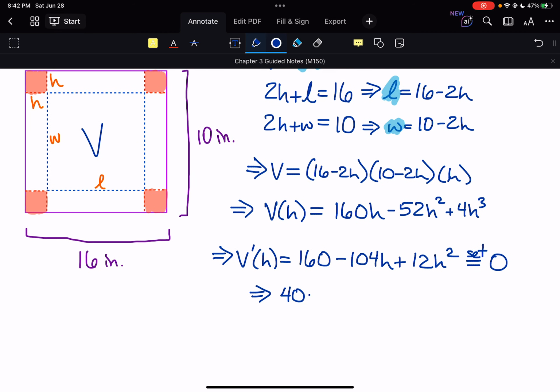So that would give us 40 minus 26h plus 3h squared equals 0. This set of terms is factorable. We get 3h minus 20 times h minus 2.